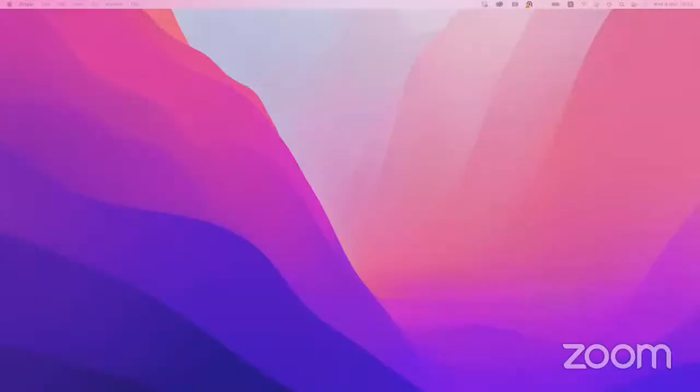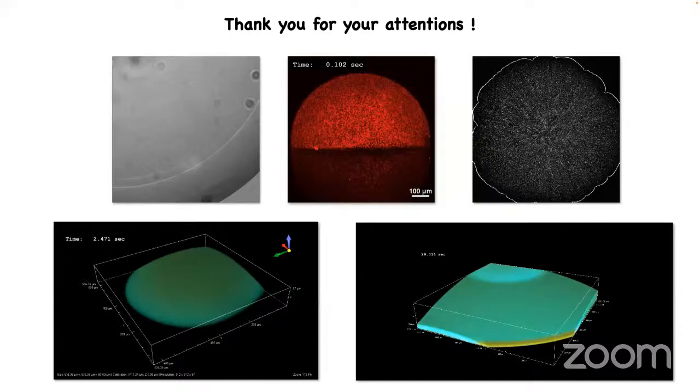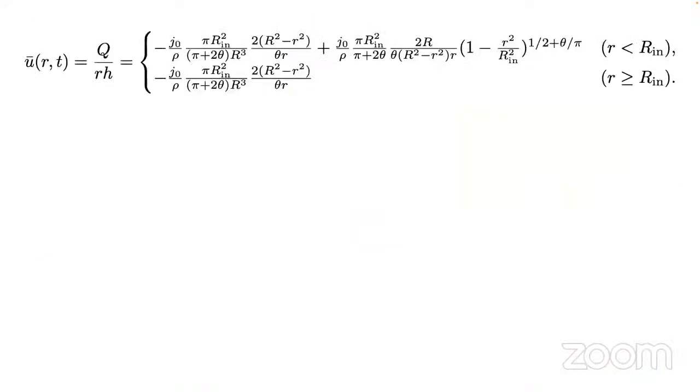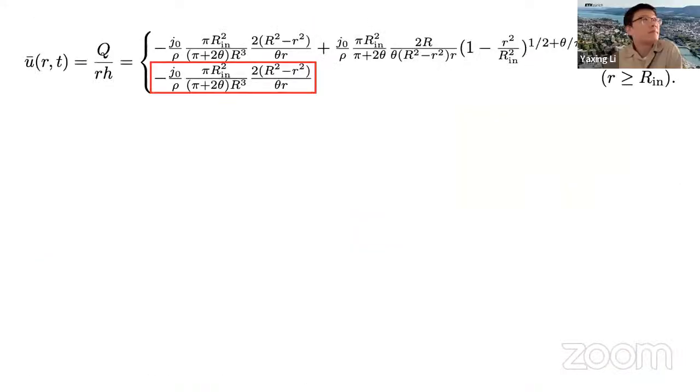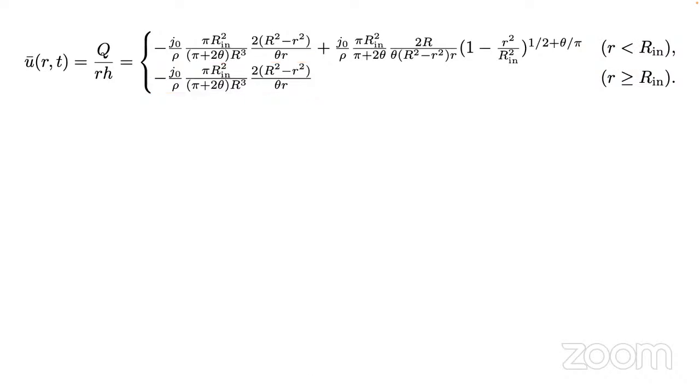It's very impressive. I have a small question about the model. You mentioned that you predict the velocity of the radius by using a model. You mean this one? Yes, please, maybe this one.